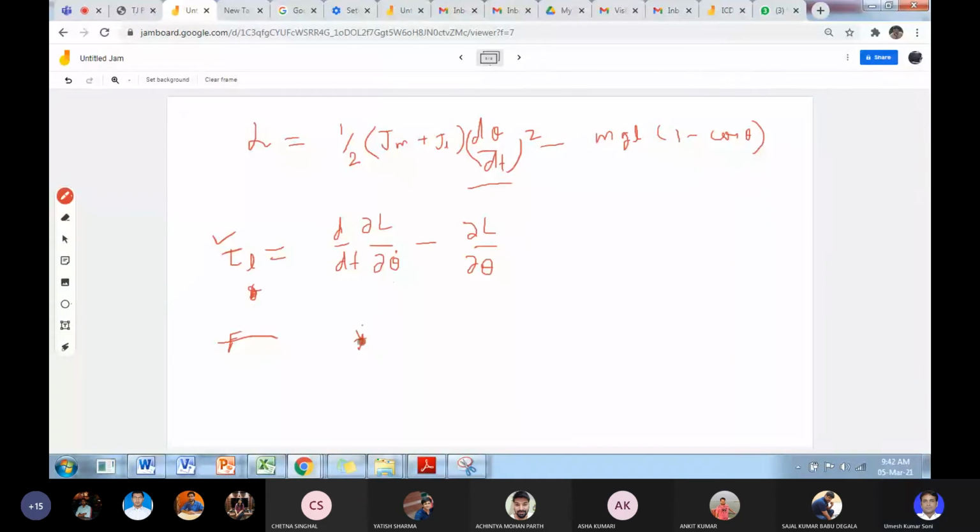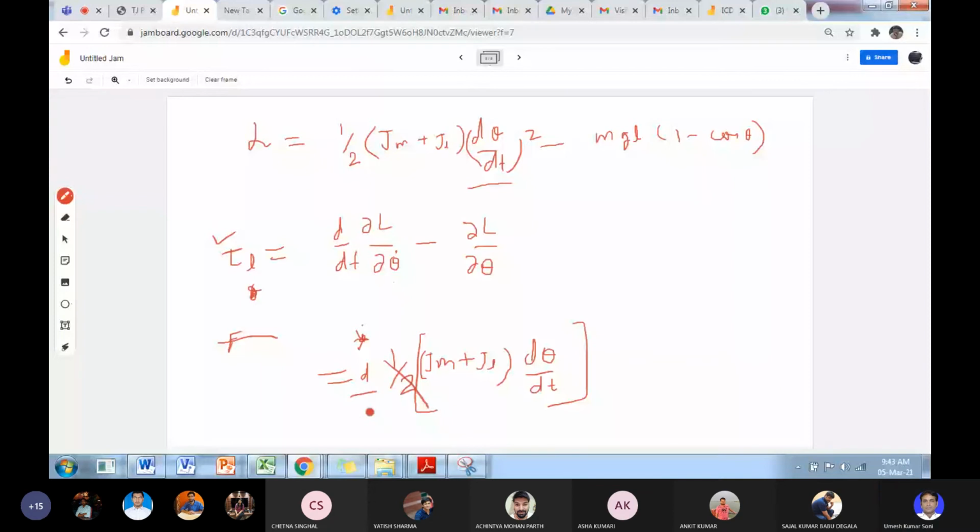Okay, so what you get here is 1/2 (Jm plus Jl), and 2 and 2 will cancel out, times d theta upon dt, and then d upon dt.